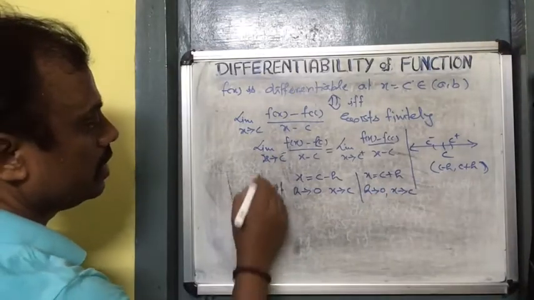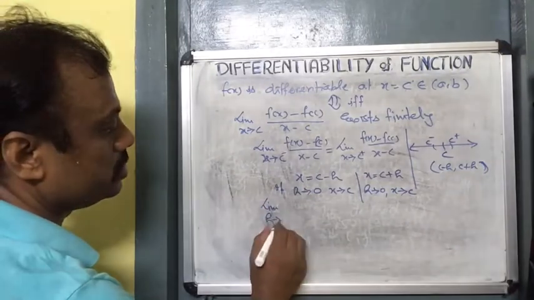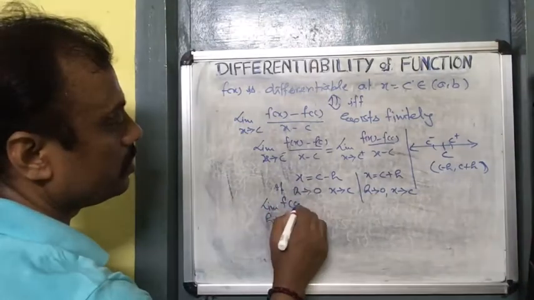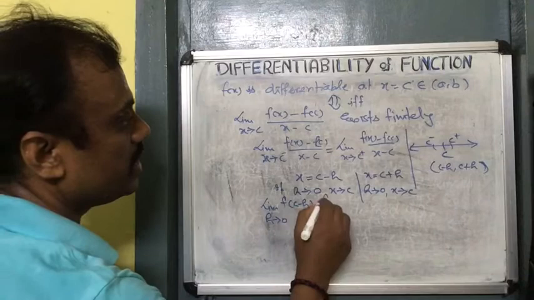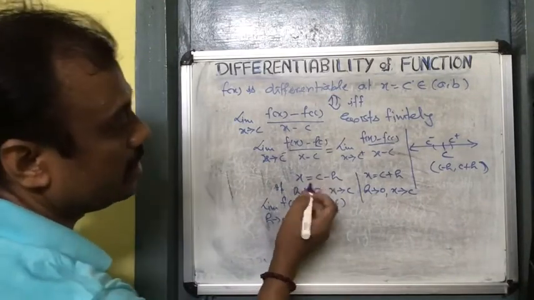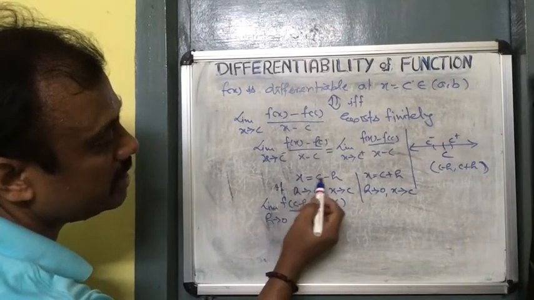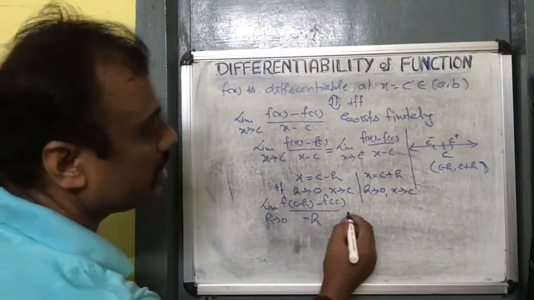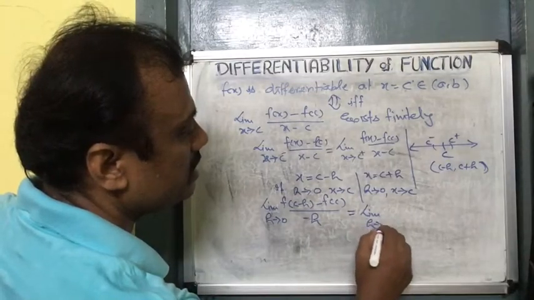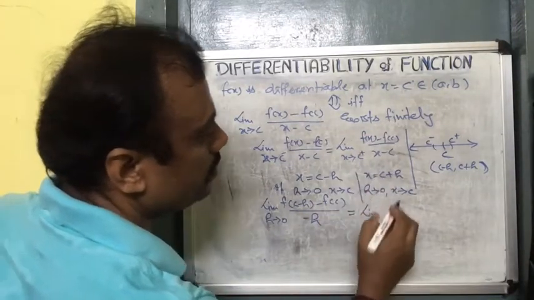Replace it. Now LHL becomes the limit as h tends to 0 of f(c minus h) minus f(c) upon x minus c. If you see here, x minus c will be minus h. And what is the right hand limit? The limit as h tends to 0, I am going to replace x by c plus h.